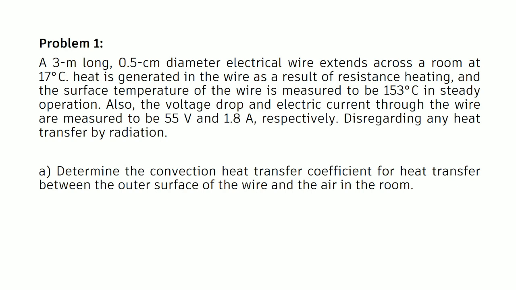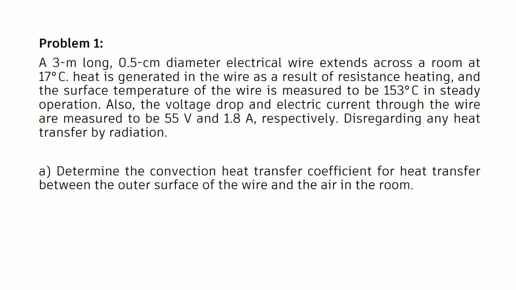Also, the voltage drop and electric current through the wire are measured to be 55 volts and 1.8 amperes, respectively. Disregarding any heat transfer by radiation, let us determine the convection heat transfer coefficient for heat transfer between the outer surface of the wire and the air in the room.